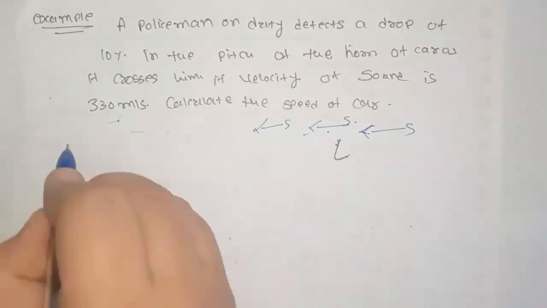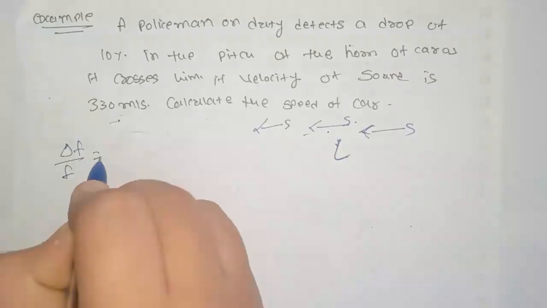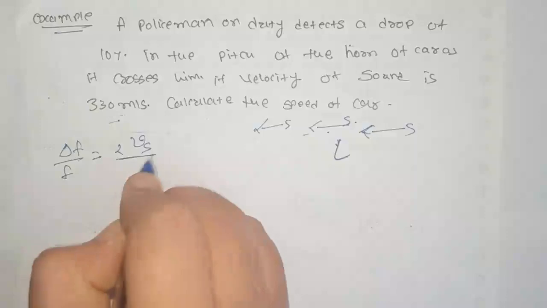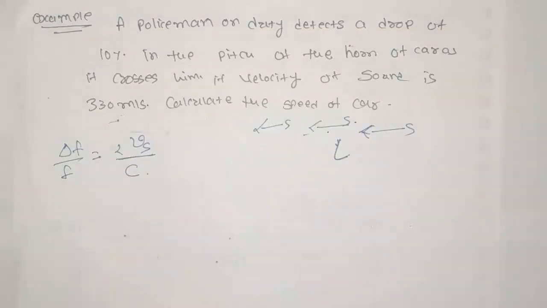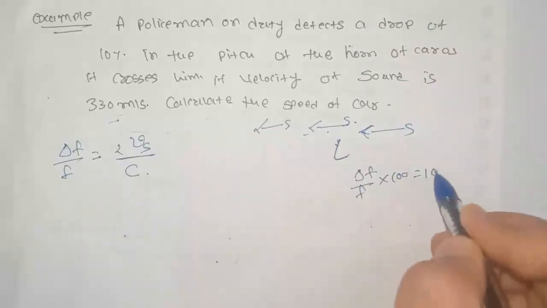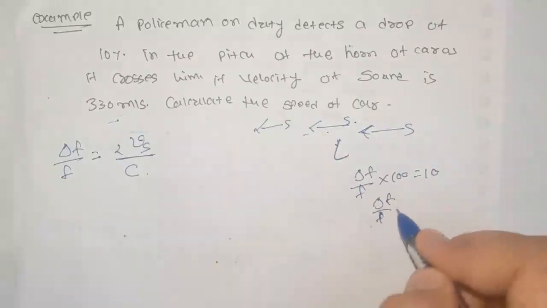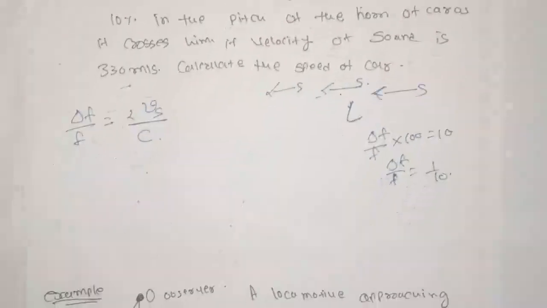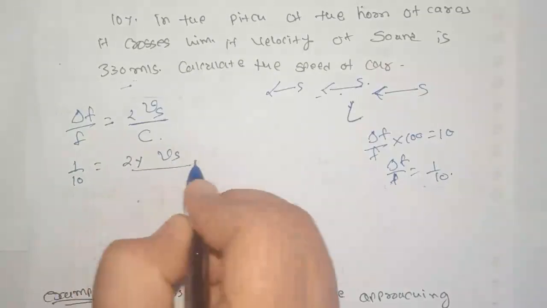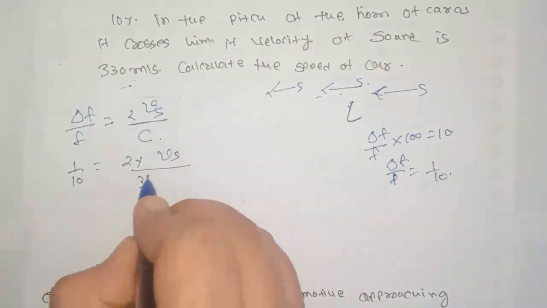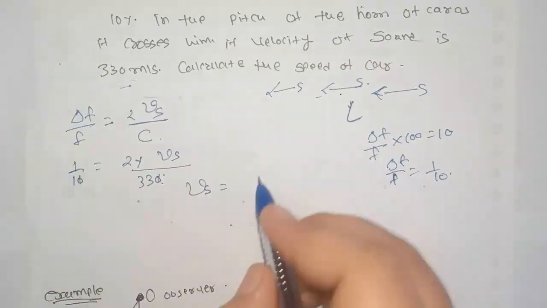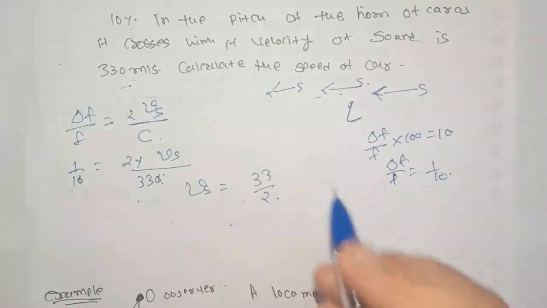In this case, the delta F by F is given as 2 into velocity of source divided by velocity of sound. Here it is given that delta F by F into 100 is equals to 10. So delta F by F will be equal to 1 by 10. So 1 by 10 is equals to 2 into velocity of source, that is car, divided by 330. So velocity of source will be 33 divided by 2.